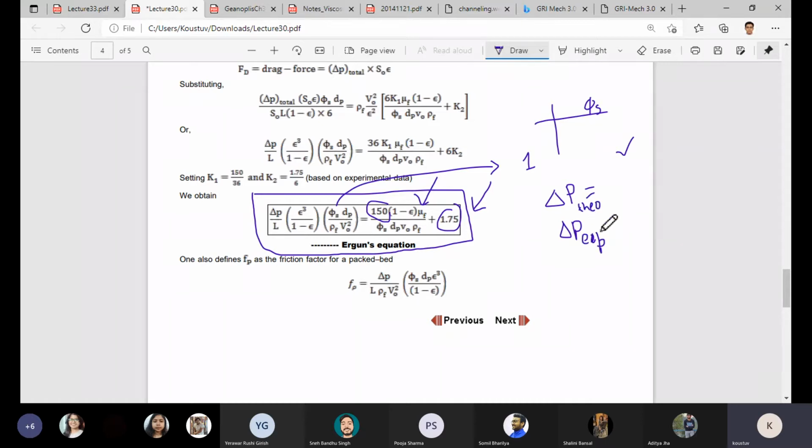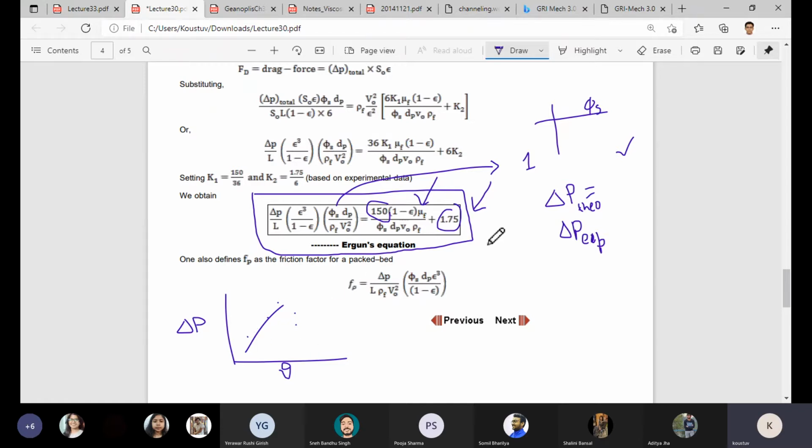You try to see whether you get a good match between them. You can also draw a parity plot to see how different or how close they are. Over a range of Reynolds number, or velocity across the bed, you can plot the pressure drop across the bed as a function of Reynolds number.